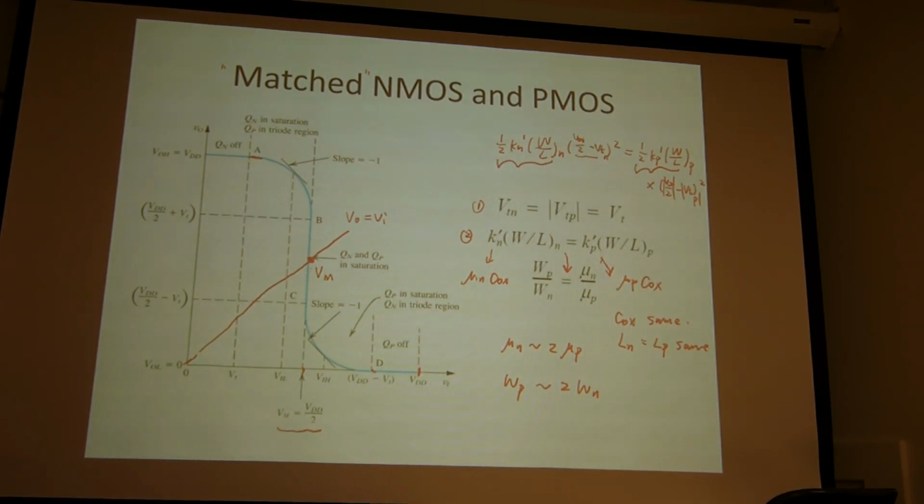And later you will see that in this matched case, the NMOS and PMOS switching speeds will be the same. So that means your transition from 0 to 1 and 1 to 0 will be the same. This is what we are going to discuss in later lectures about the delay, the switching speed, or the clock frequency of your circuits. So all of those depend on this matched condition.